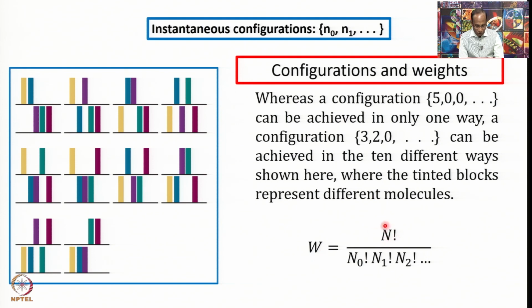N is the total number of particles, N0 is the number of particles in ground state, N1 in the state corresponding to E1 energy, N2 in the state corresponding to E2 energy, and so on. This was a very important point to begin with, that once you have instantaneous configuration, there can be several configurations possible.